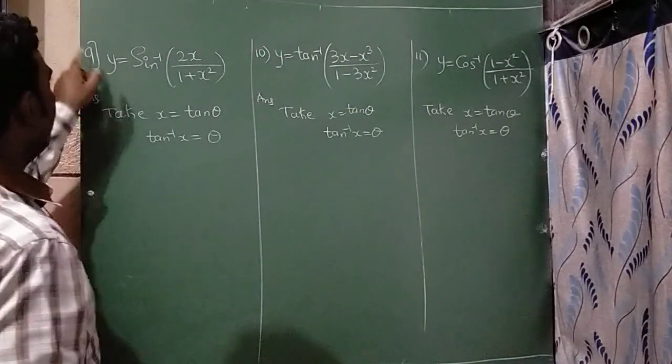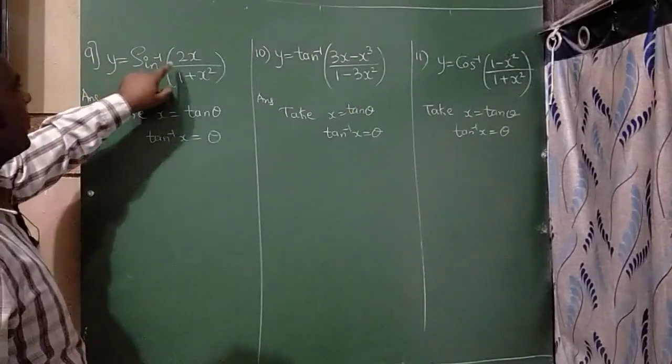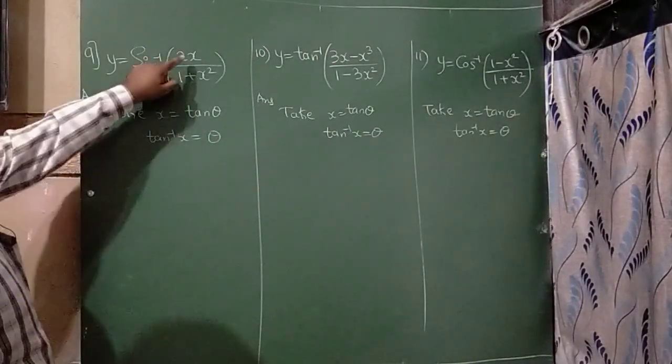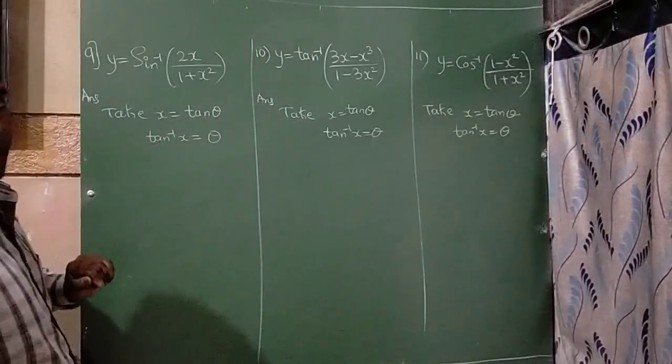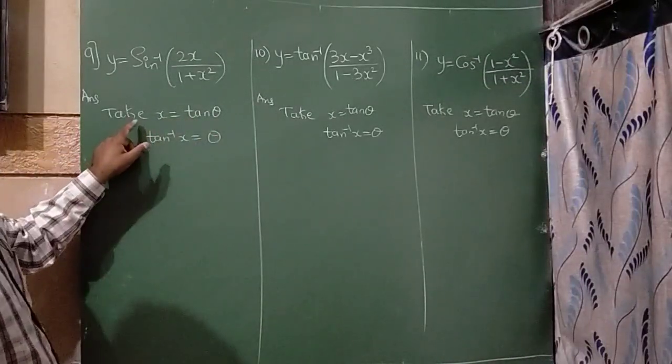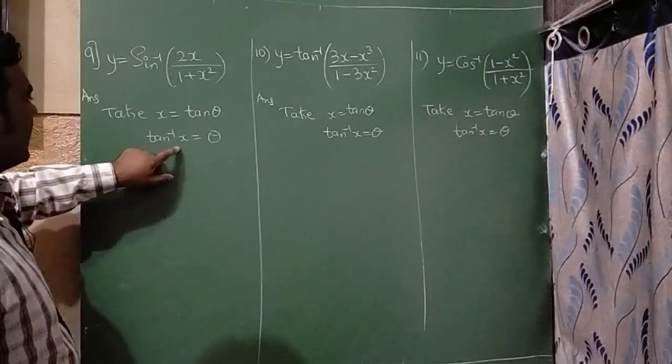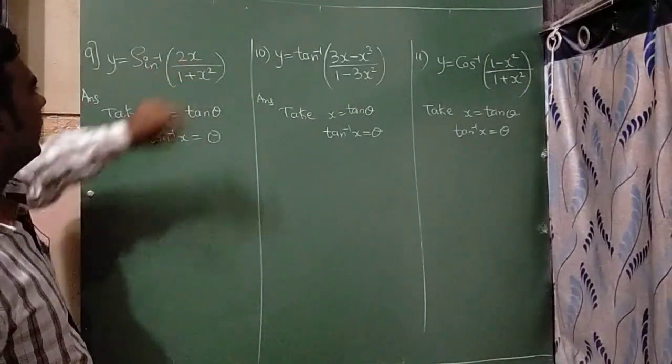Yeah, question number 9 is y is equal to sin inverse of 2x divided by 1 plus x square. Here you need to take x is equal to tan theta. So when tan theta comes to the left hand side, it will become tan inverse of x is equal to theta. Let us substitute this x value here.